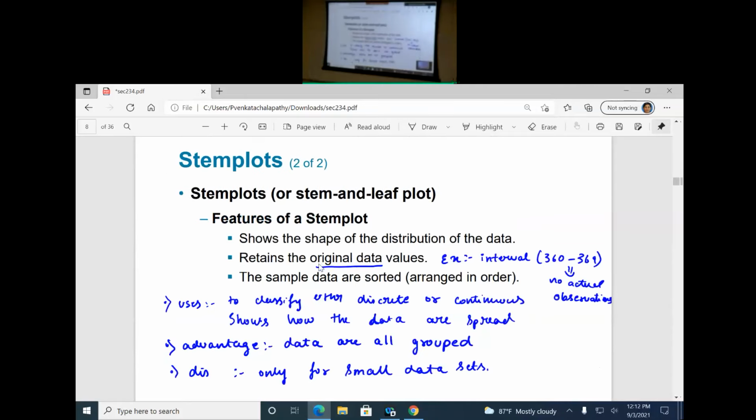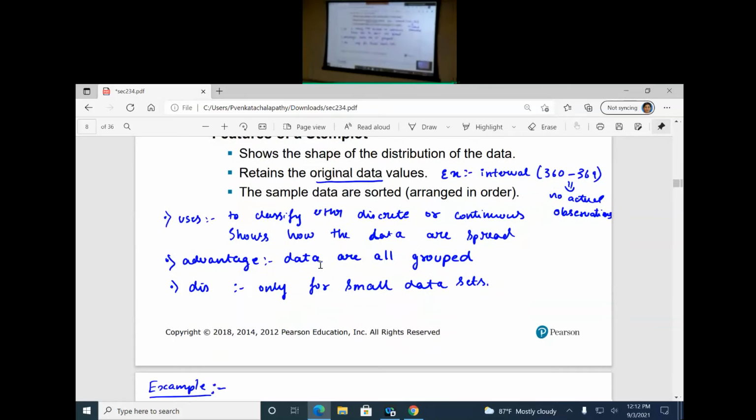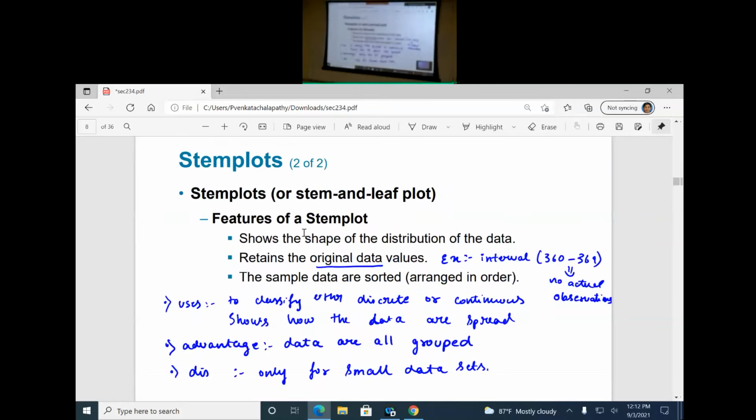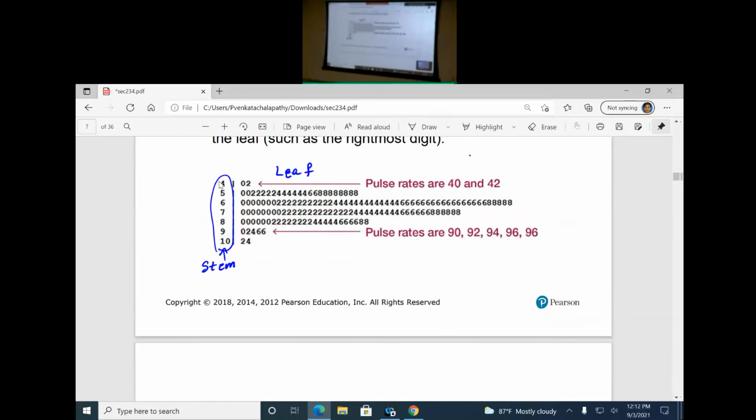Okay. Now what is the difference between a dot plot and a stem plot? Because a dot plot also uses the true value, and a stem plot also uses the true value. The main difference is that in a stem plot we have the data arranged in an order. It will be like lowest to highest.